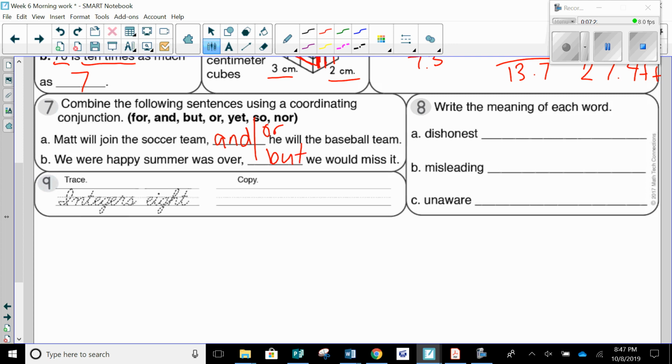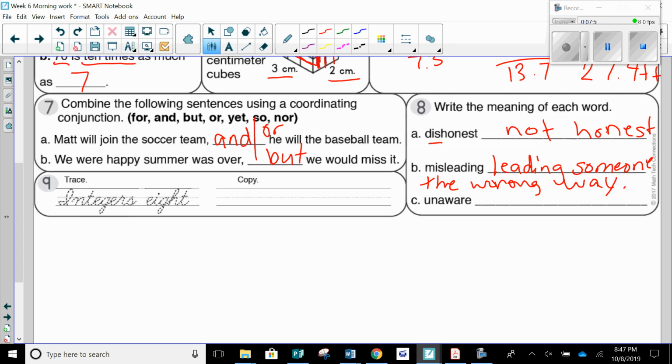Number 8, write the meaning of each word. Dis, my prefix, means not, so it's not honest. Misleading means leading someone the wrong way.